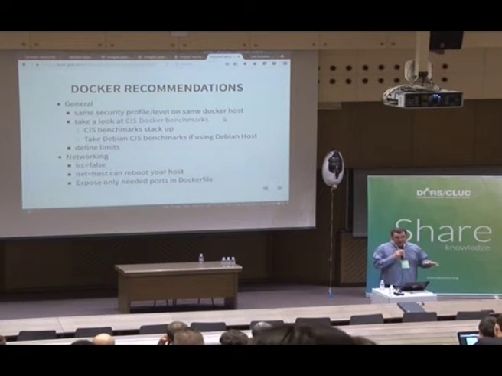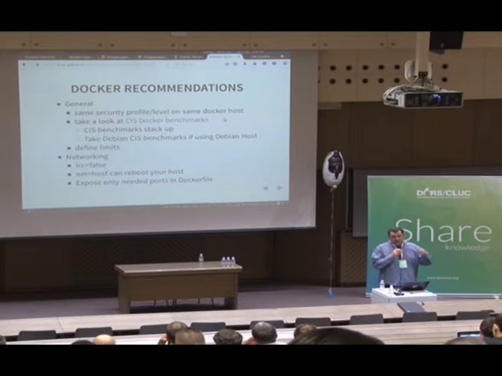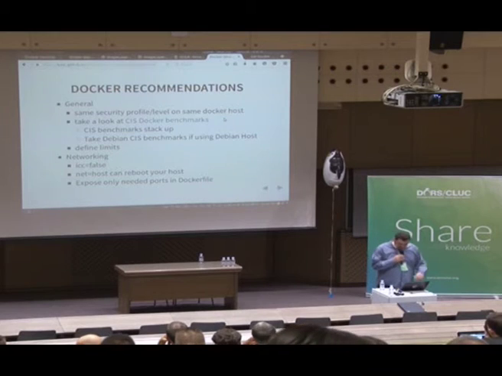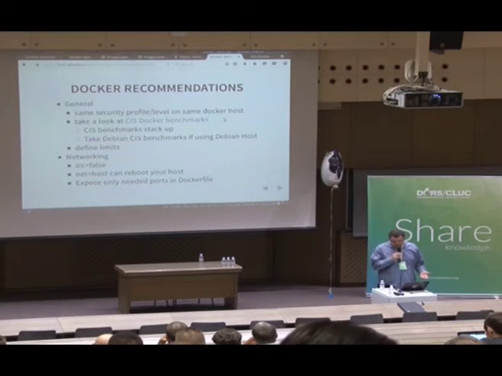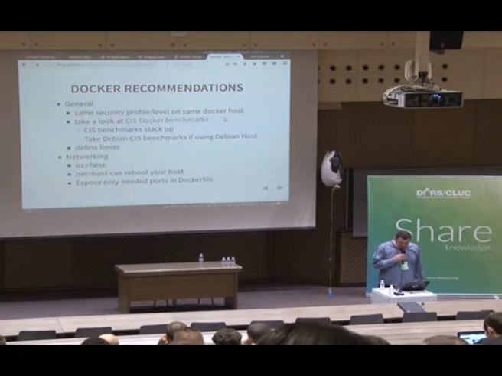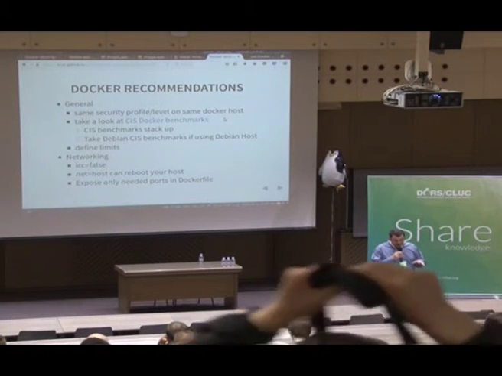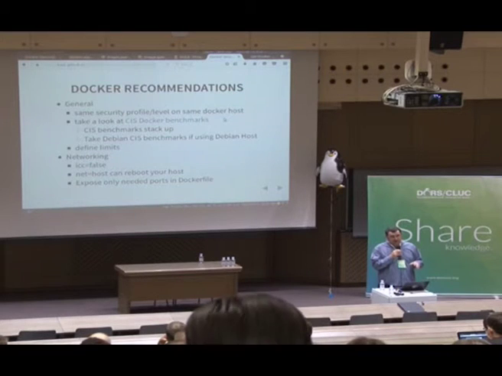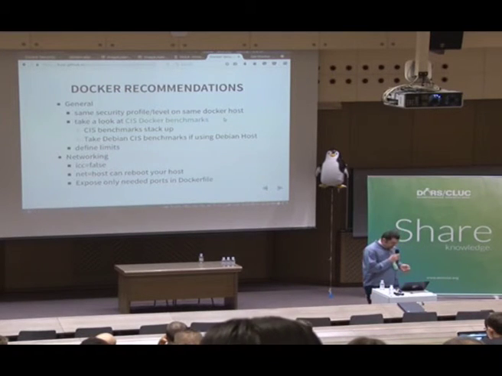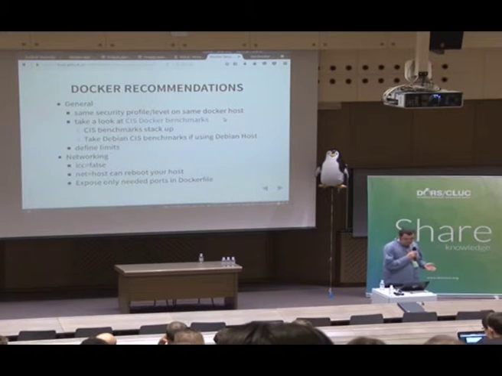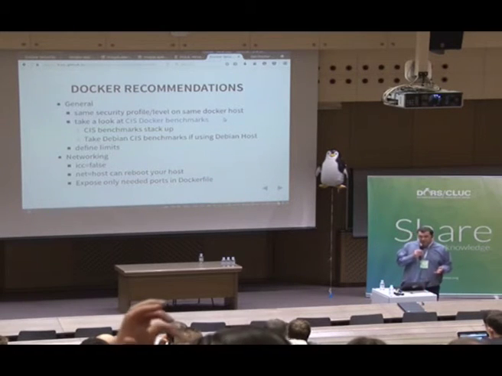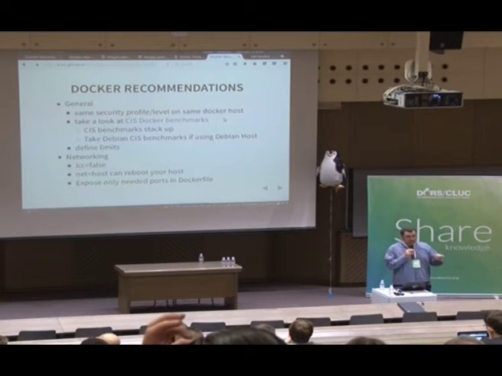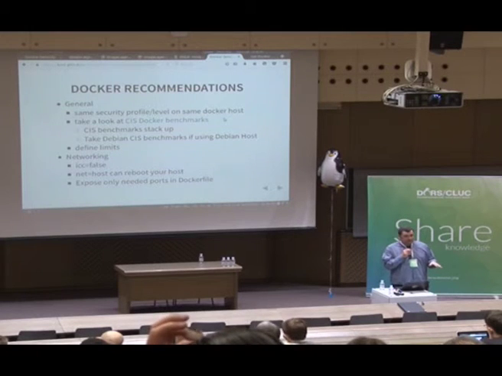Regarding networking, I would say that net host can reboot your host, right? You can talk then to different control sockets, and then you can actually make it reboot. And I would definitely recommend running the Docker daemon with ICC false. ICC means inter-container communication, and if you set it to false, all communication between containers will not be allowed by default.